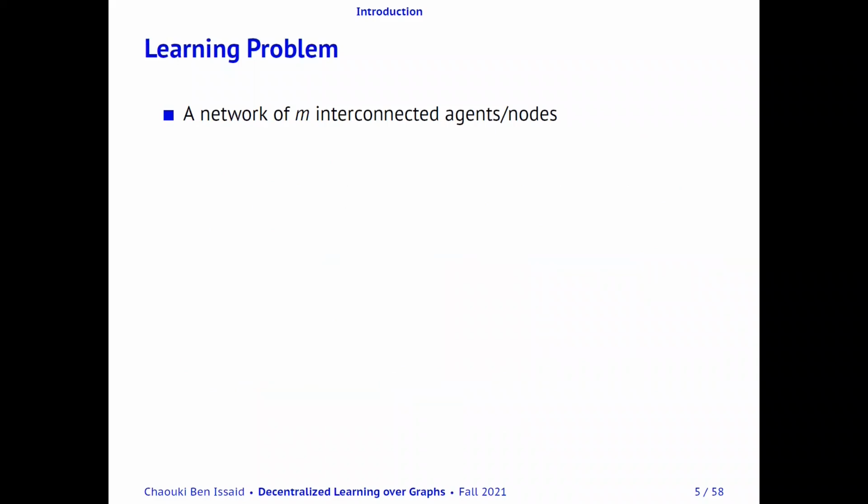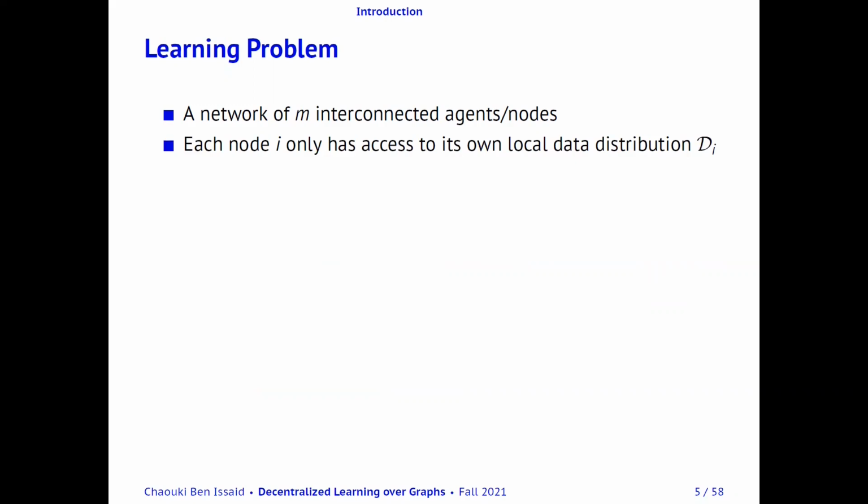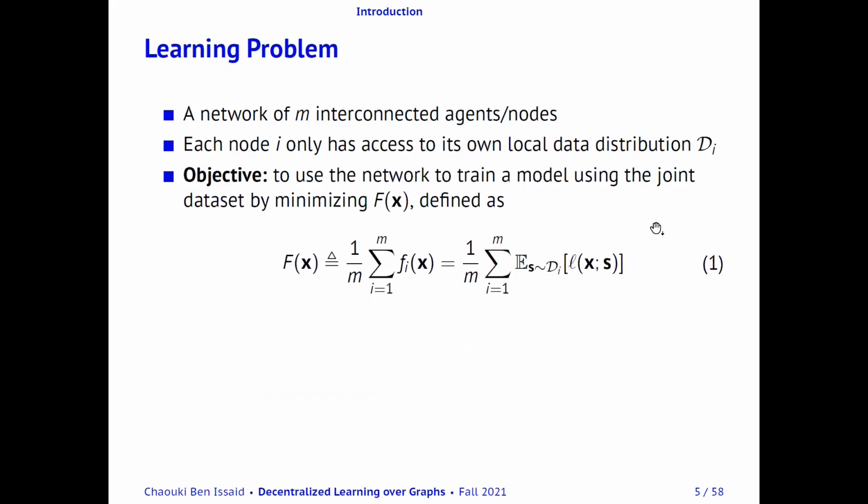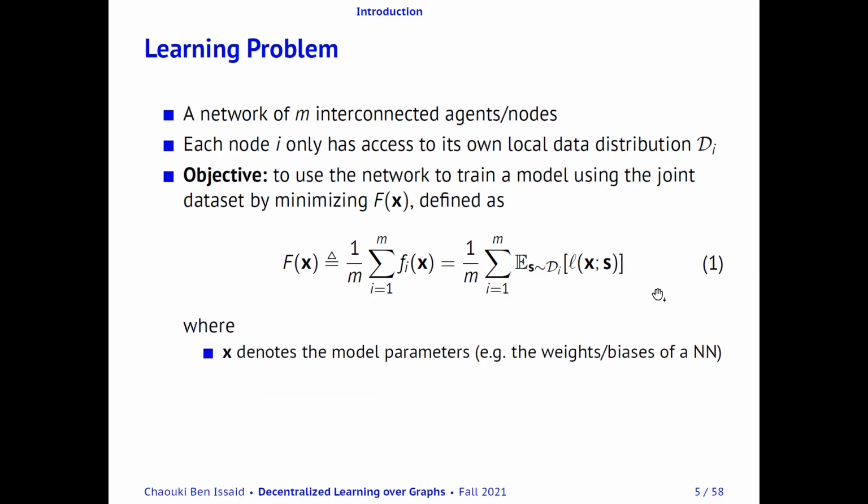Now let's introduce some notation and define the learning problem. In this lecture, we consider a set of M interconnected agents or nodes. Each node has access only to its own local dataset D_i, and these nodes aim to train a model collaboratively using the joint dataset by minimizing the objective function f defined in equation 1, where x denotes the model parameters.